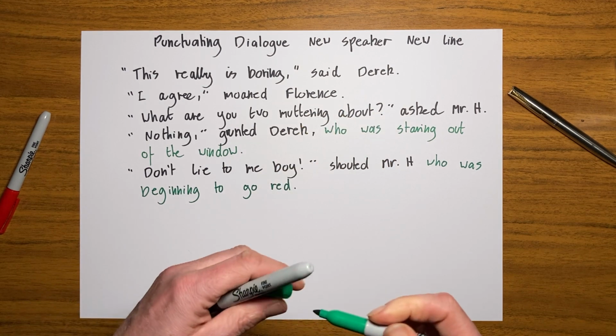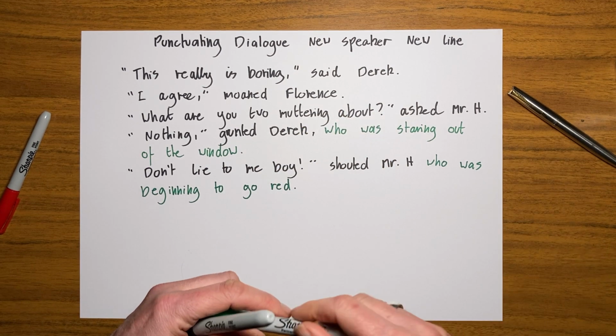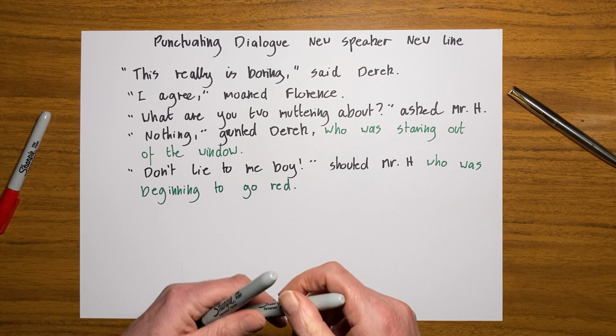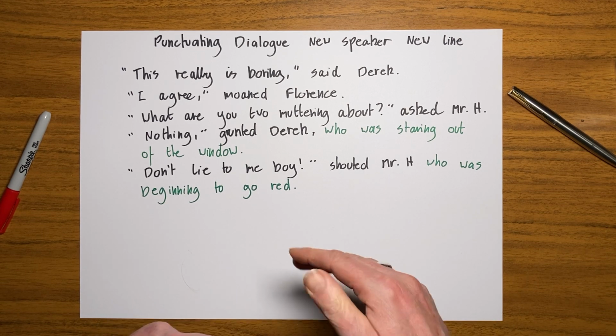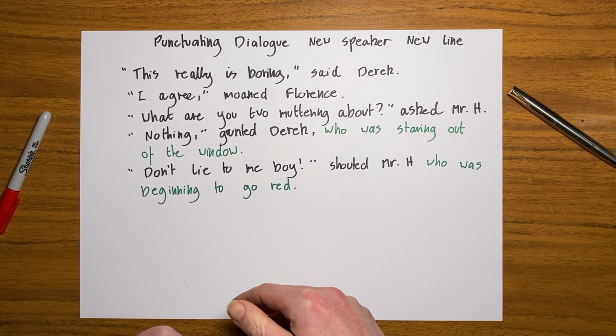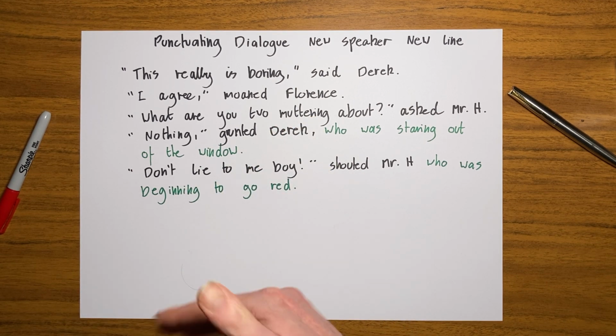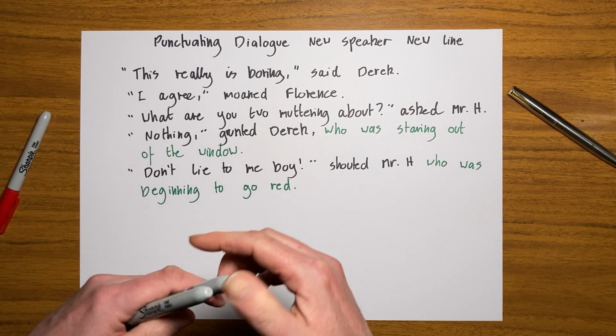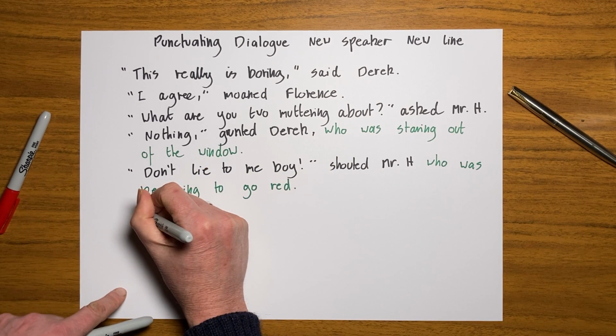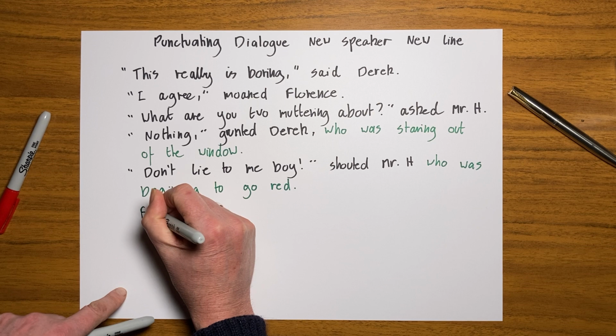Now, Florence is going to come back in this, but before Florence says anything, I'm going to have a bit of description about her. Now, even though she's not speaking yet, because I'm going from Mr. H who's talking, and I'm now going to be talking about Florence, I again need to start a new line. I'll put it in green here because it's not actually speech.